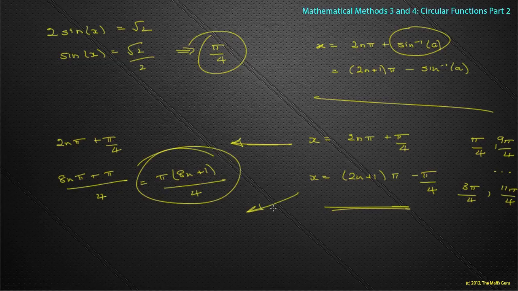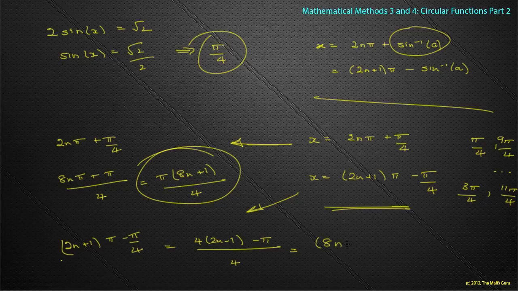In the same way, with this formula, you would end up with (2n+1)π minus π over 4, which in one fraction with a little bit of shifting around gives (8n+3)π/4.